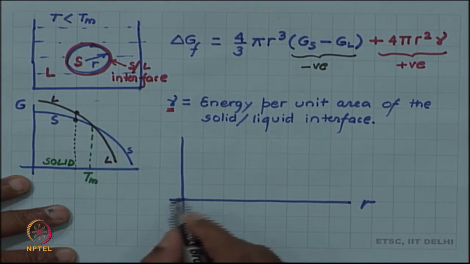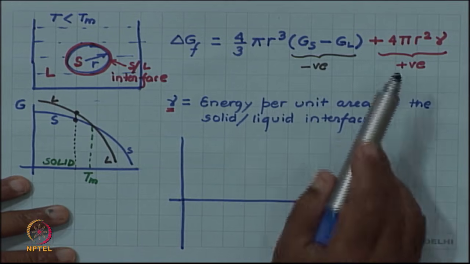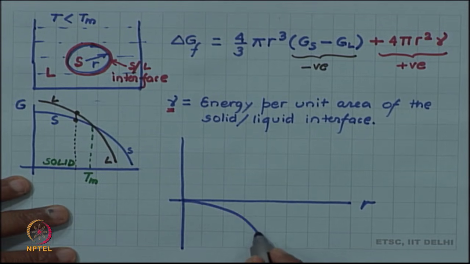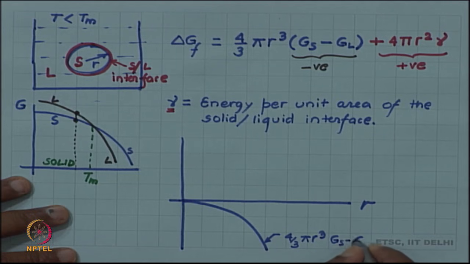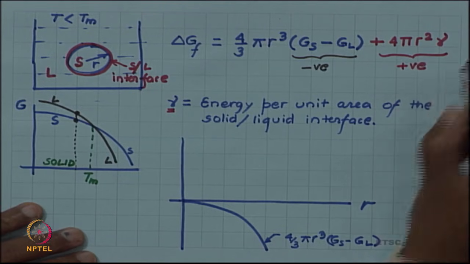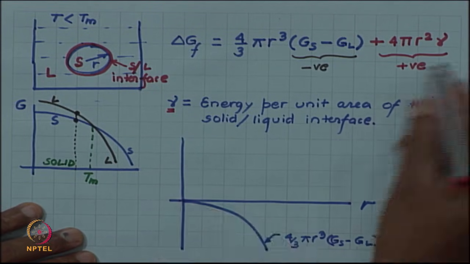So, that is 4 by 3 pi r cube Gs minus Gl, it is negative and it varies as r cube. So, it will be going down like this. And if we add the surface energy term to this, so the surface energy varies as 4 pi r square gamma.